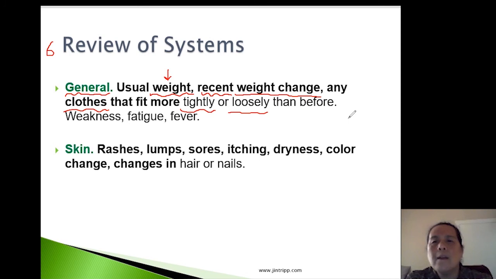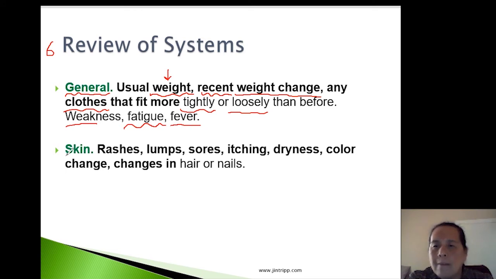The other information we can ask about is whether the patient has fatigue, fever, or is generally weaker. That belongs to general information.